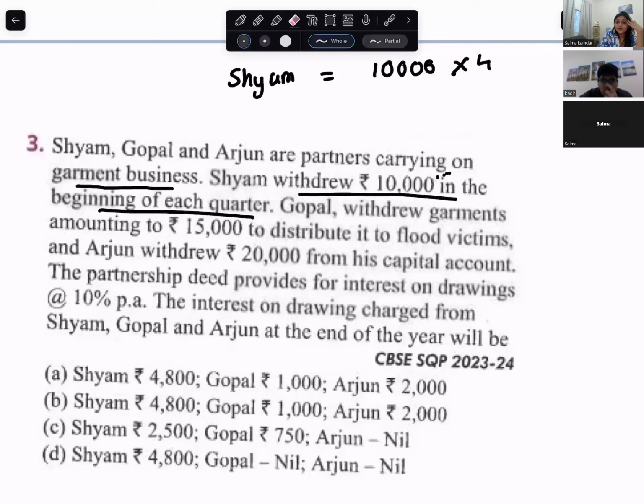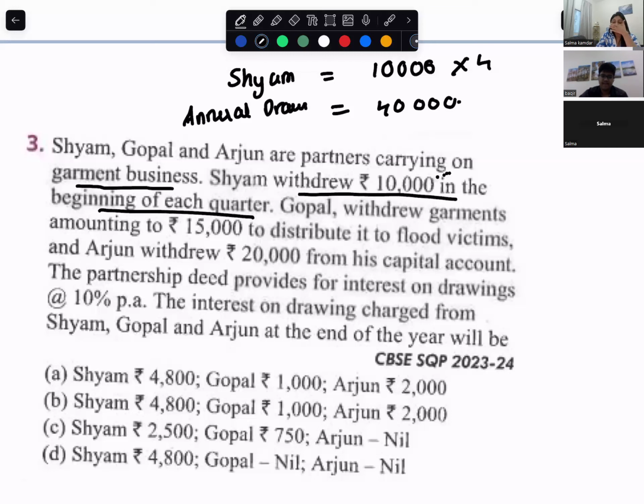So the annual drawings of Shyam will become how much? 40,000. So Shyam is withdrawing at the beginning of each quarter. Are you with me? Yes, ma'am. Now we talk about Gopal.